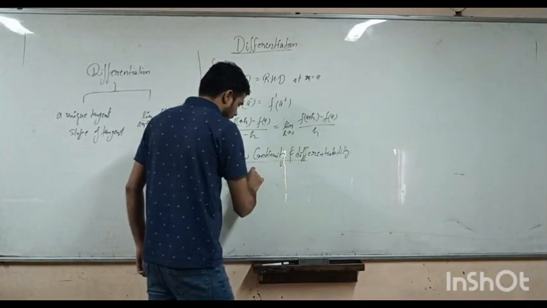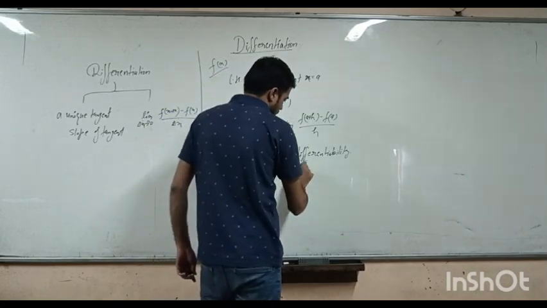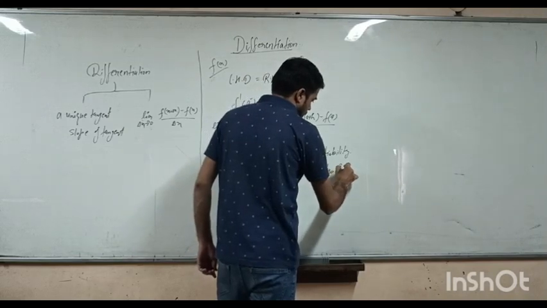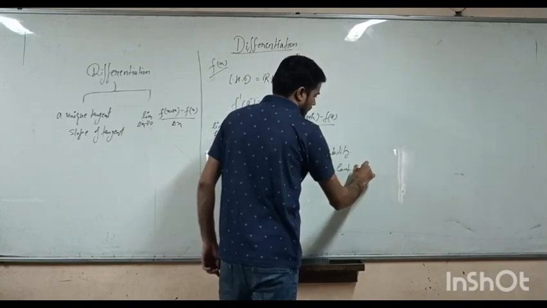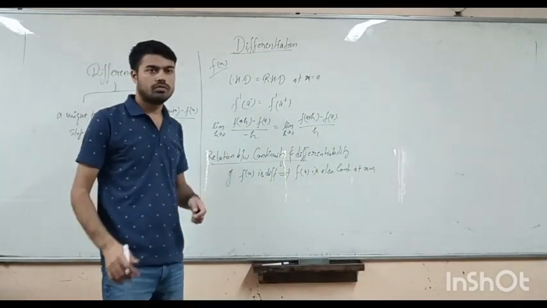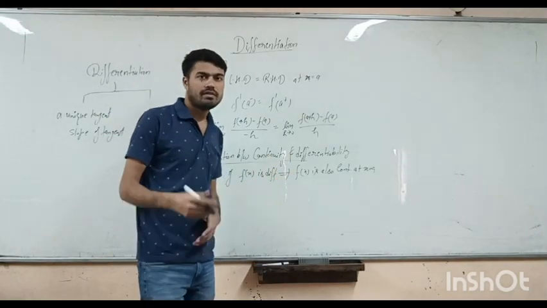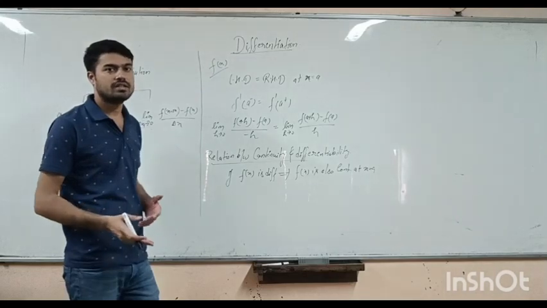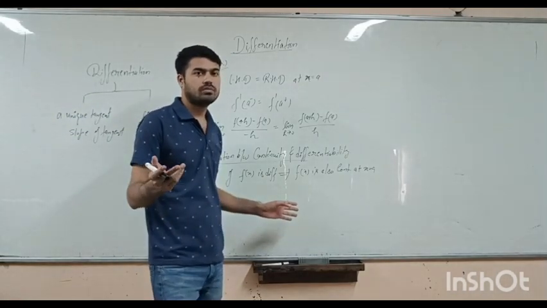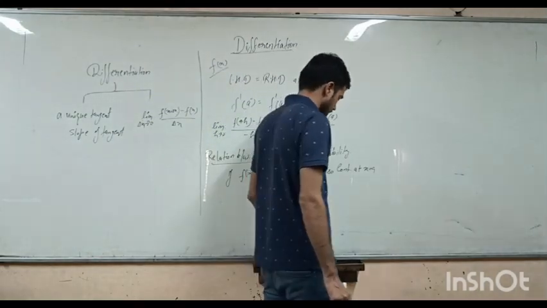We have read that if f(x) is differentiable, then f(x) is also continuous at x equal to a. But the converse is not true. If a function is continuous at x equal to a, we have to check whether it is differentiable or not. We cannot say the function is continuous, so it will also be differentiable. So till here we have read about it.